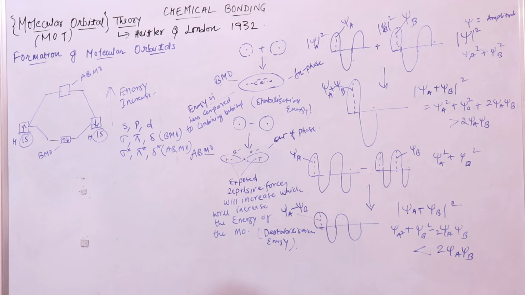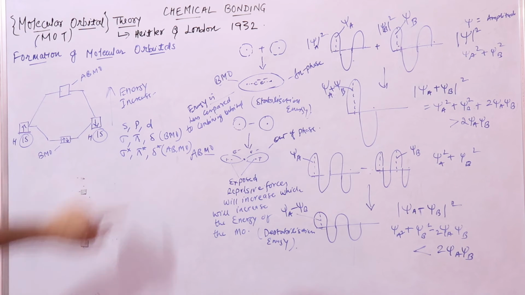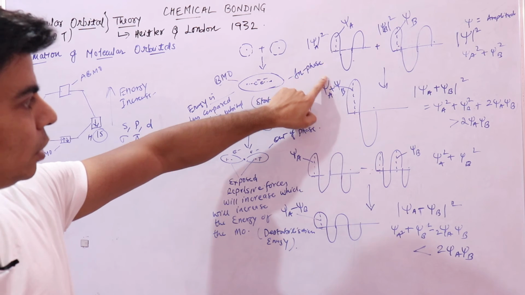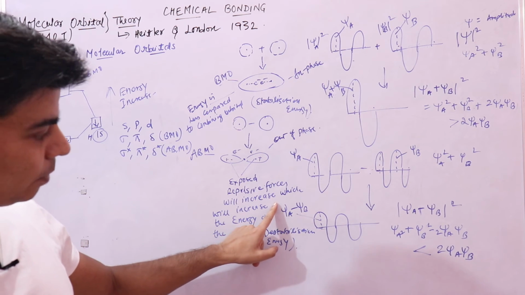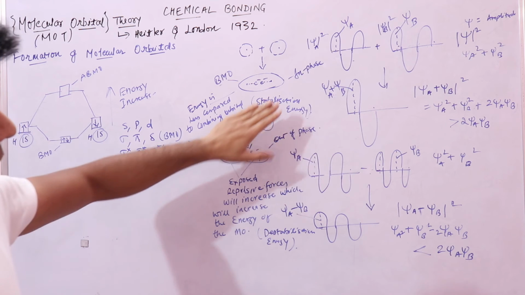These are the notations for bonding molecular orbitals, and these are the notations for anti-bonding molecular orbitals. Now let's see some of the main features of bonding and anti-bonding molecular orbitals. We have already done this. Bonding is formed by the additive effect, anti-bonding by the subtractive effect of the combining orbitals.